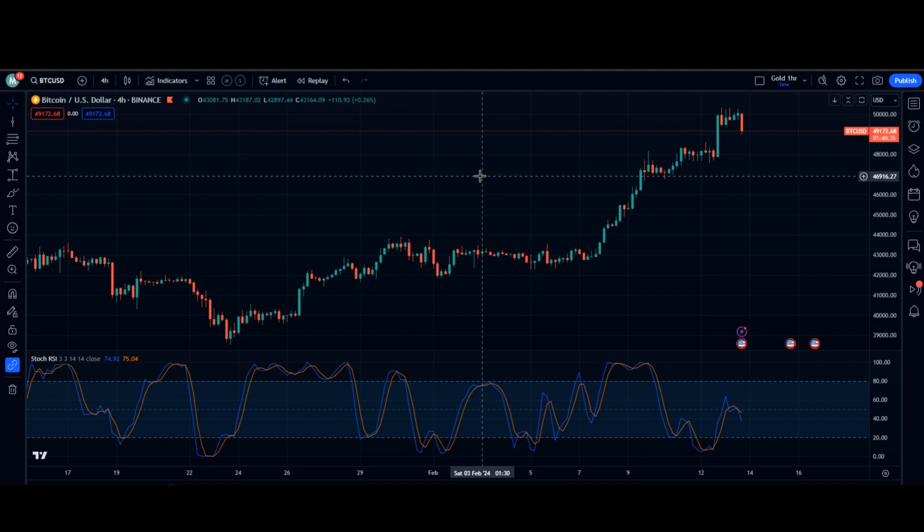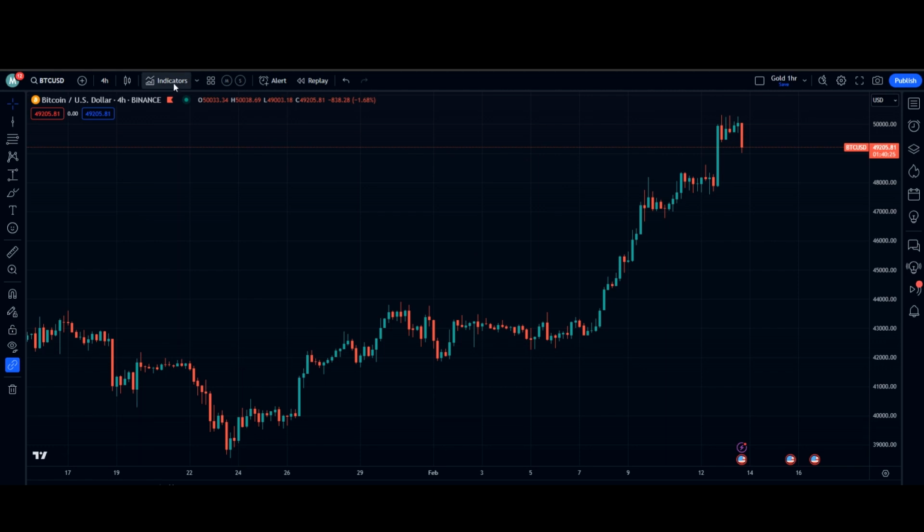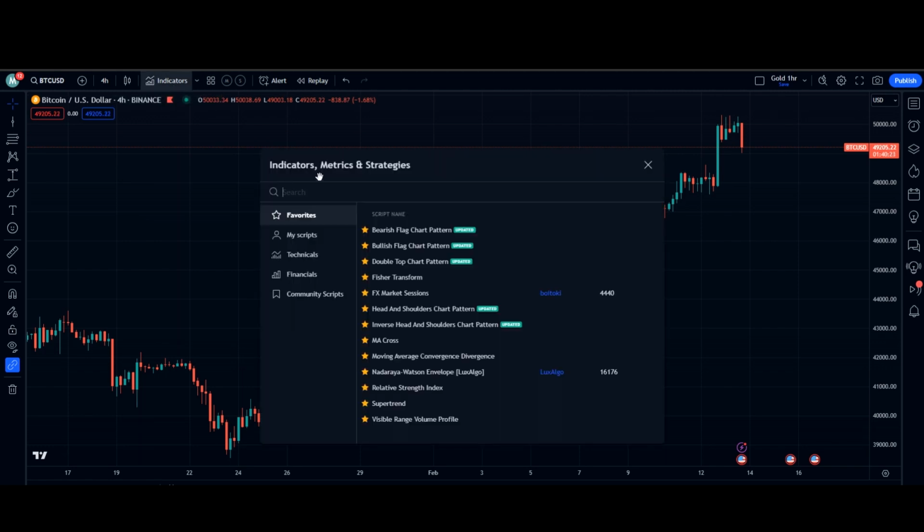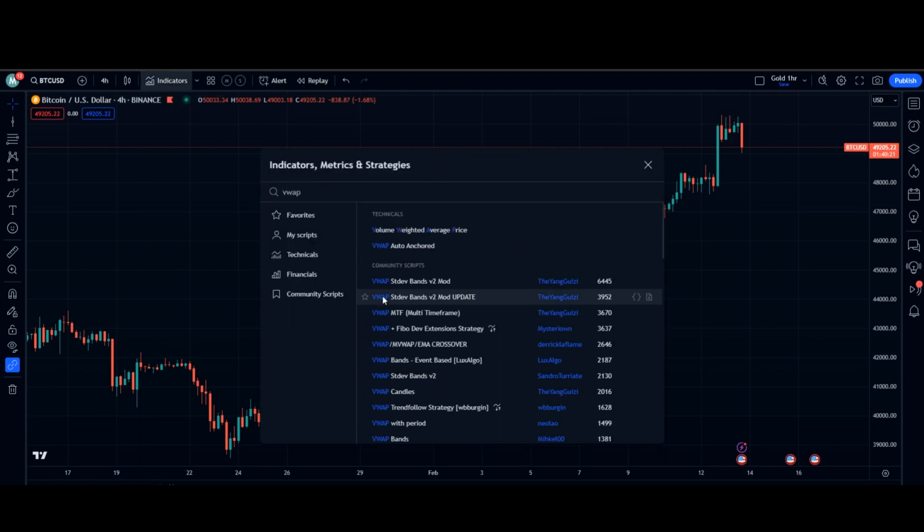Other than that, what else was there? I think there was something else. Yeah, VWAP. So the VWAP is a volume based indicator.